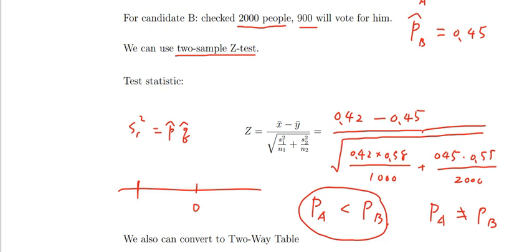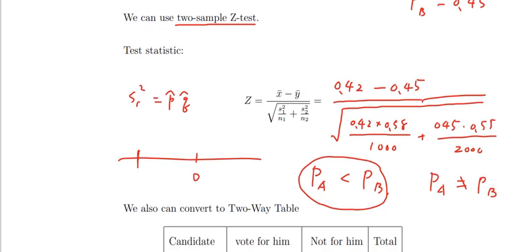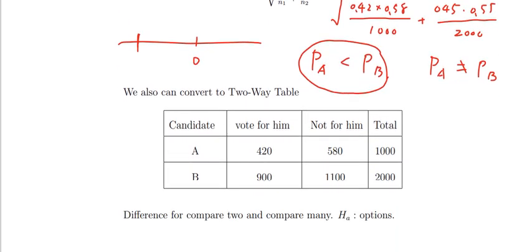Okay, so for such a problem, we can also convert it to a two-way table problem. We can change this into a two-way table. For candidate A, we split people into two categories: people who will vote for him and people who will not vote for him, right?